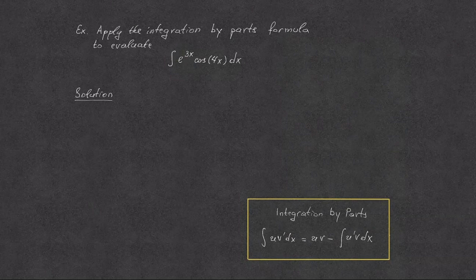So first, what we're going to do is just apply integration by parts once and see what we get for the outcome. Let's choose the u and v prime here. We're going to use u equals e to the 3x, and v prime being equal to cosine 4x.